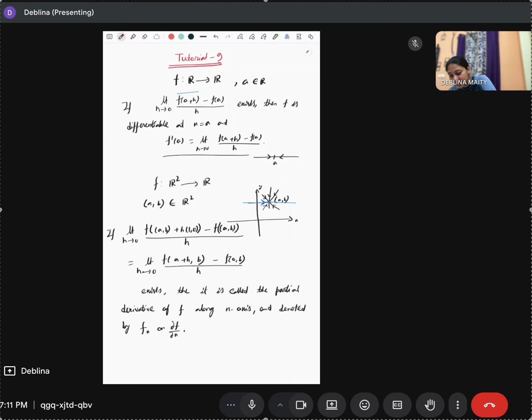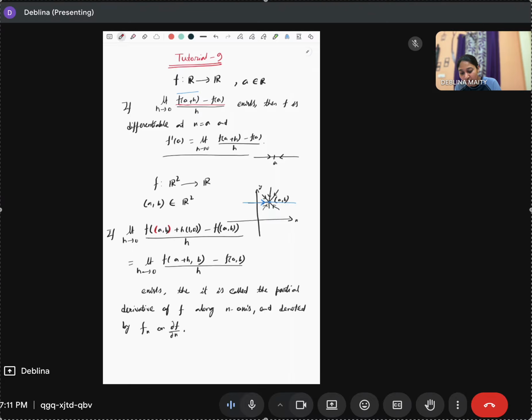Here the point is (a, b) plus h into the unit vector along which we are approaching (a, b).